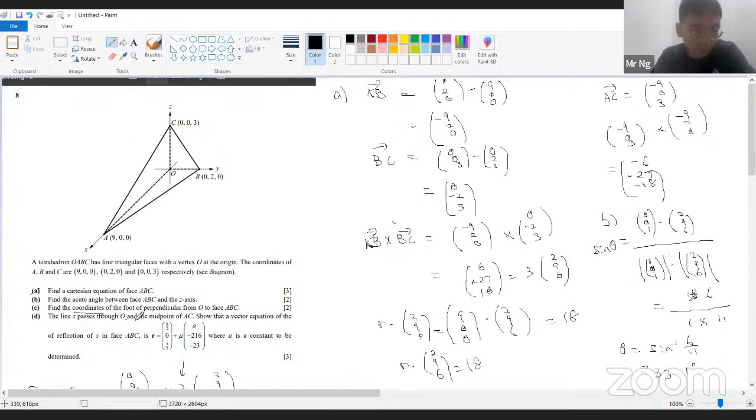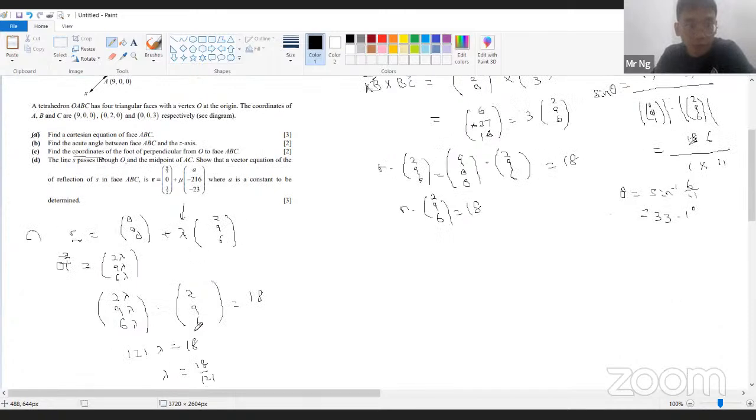S passes through O and the midpoint of AC, so that the reflection of S. Okay, can.